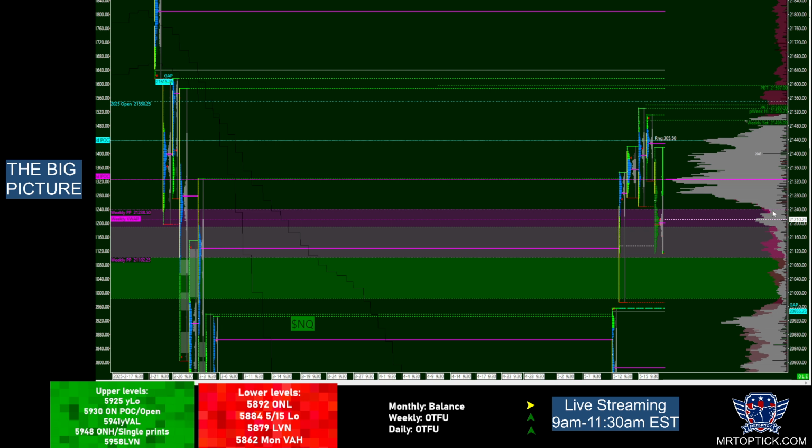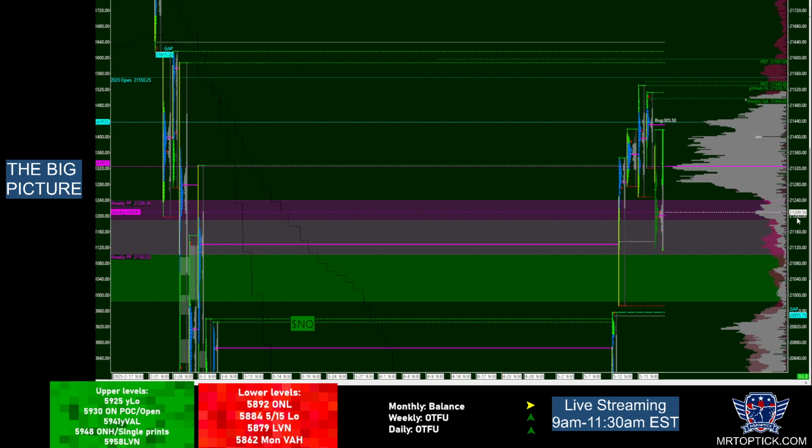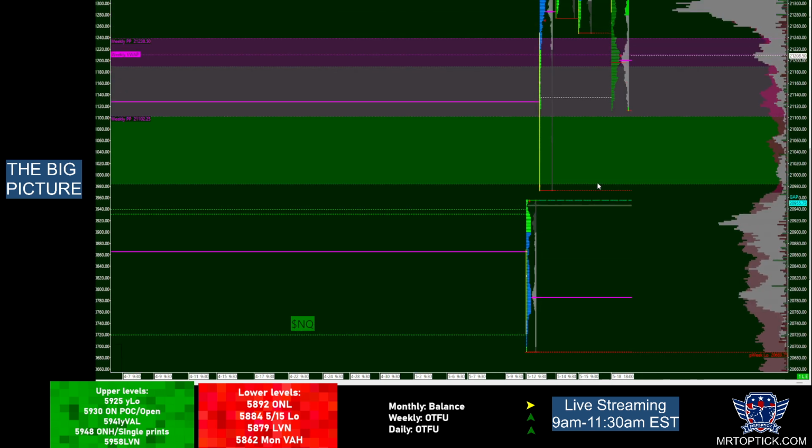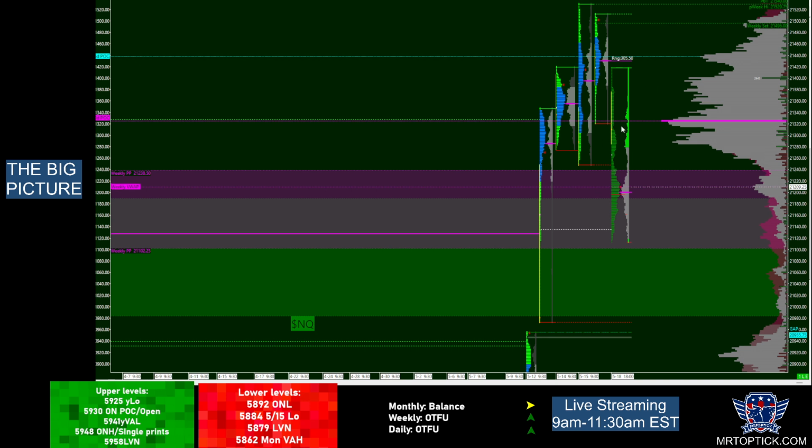So I'm looking at a similar scenario, see if we can come back and fill that RTH gap, which for NQ is right around the same spot as the 20-day point of control.